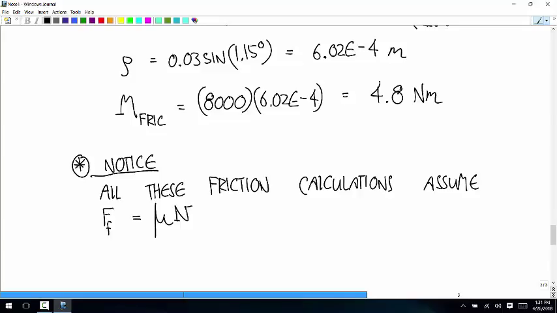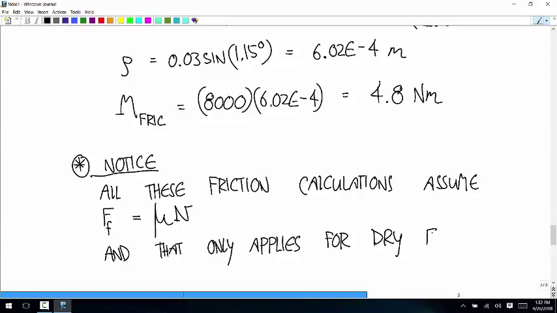We've used that in every one of these derivations, and that only applies for dry friction. So if you have an axle that's totally surrounded by oil or something, that's not dry friction.